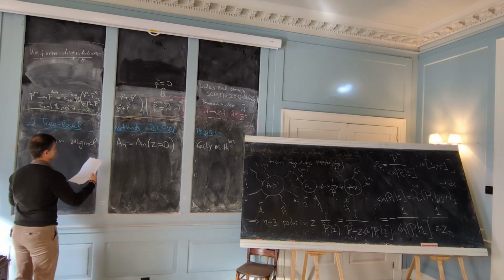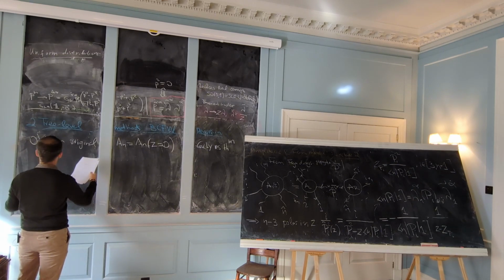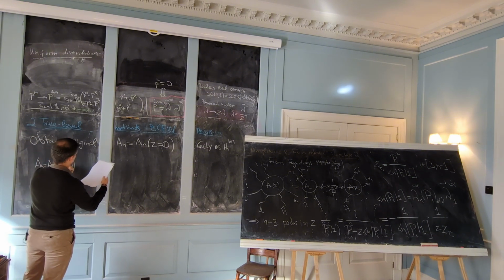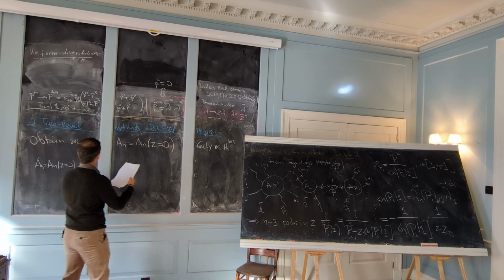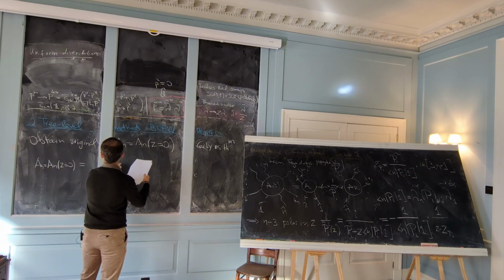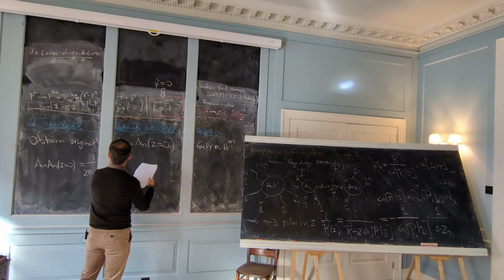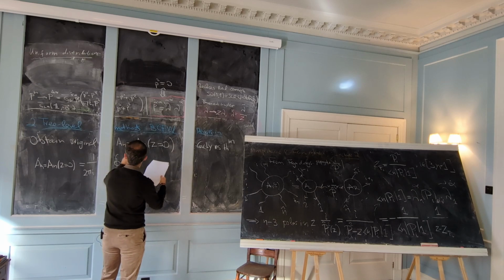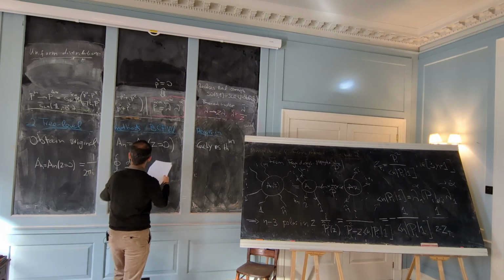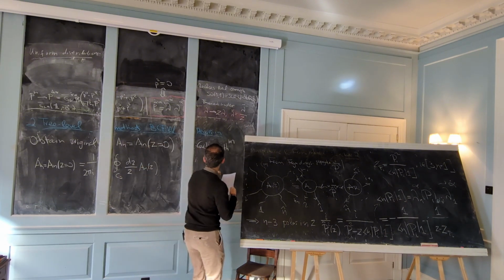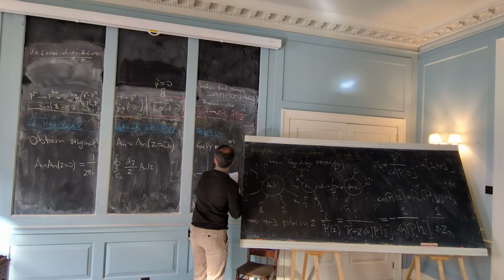We have that, indeed, An equals An at z equals 0 of the deformed amplitude, which is 1 over 2 pi i, the residue around 0, dz over z, An of z, where this is really a small circle.